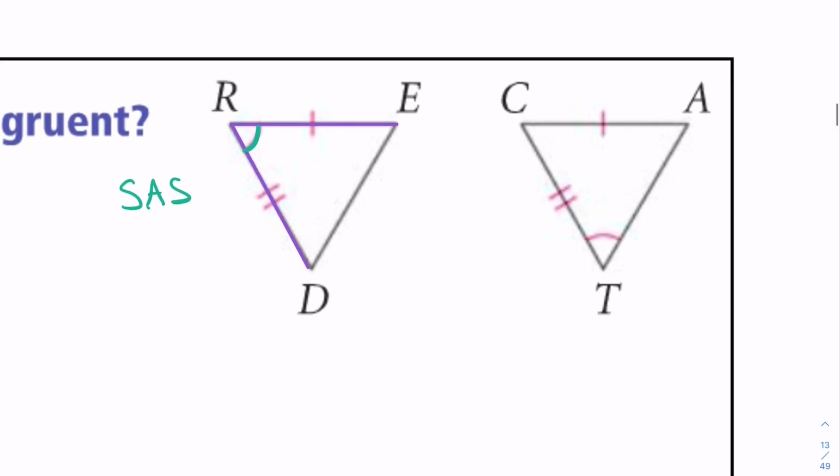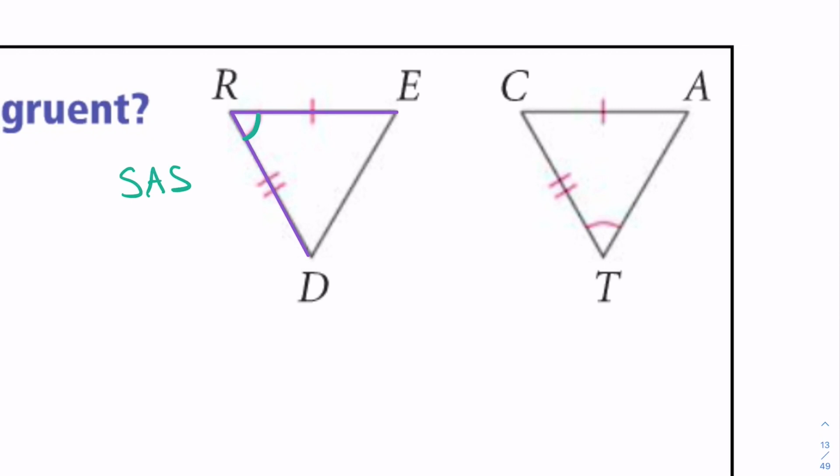And then I'm looking over here. Ooh, look, I see two sides and an angle. But hold on. Does this match? There's your sides. And now your angle's way over here. That one is a side side angle option.